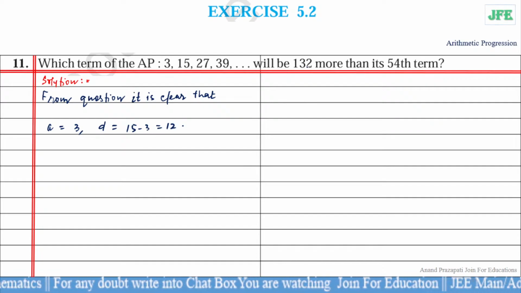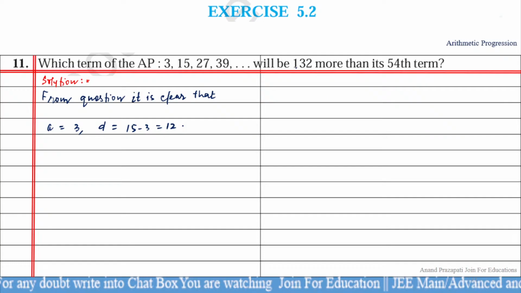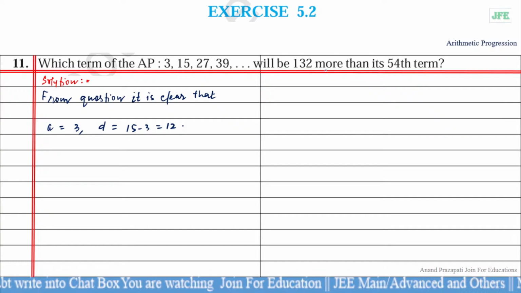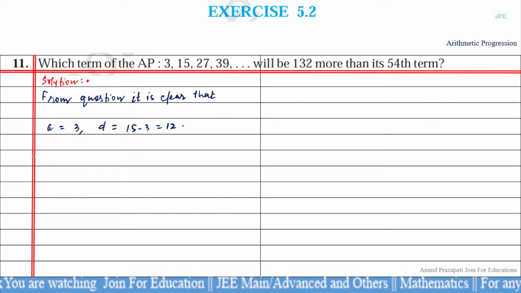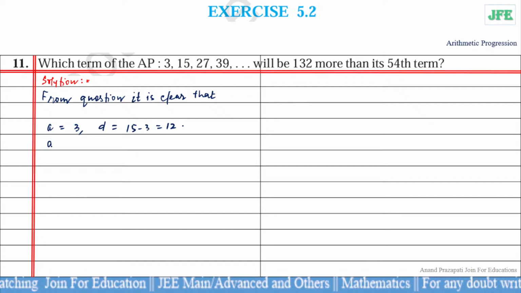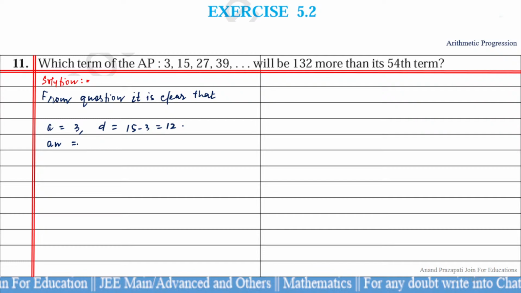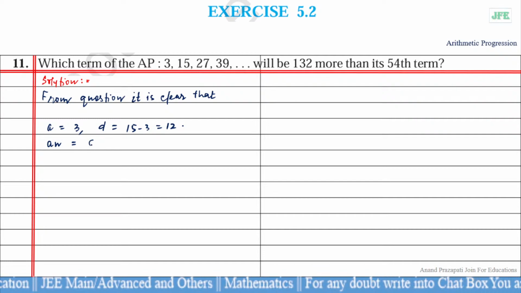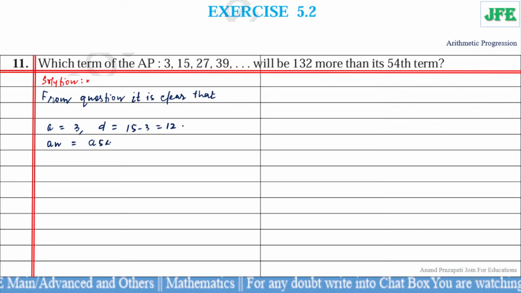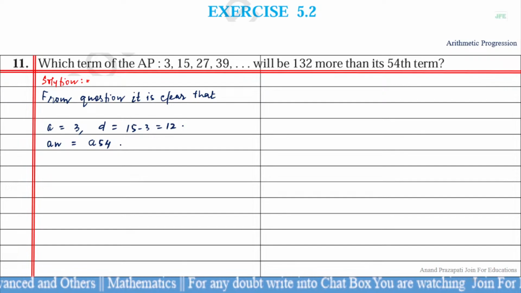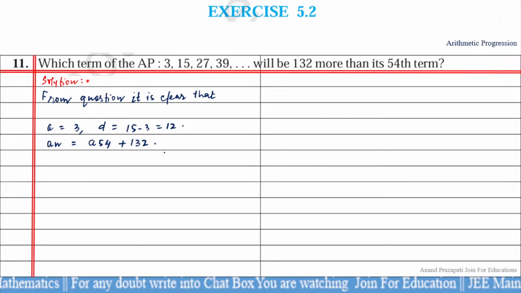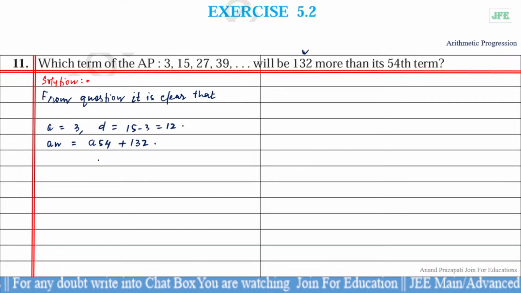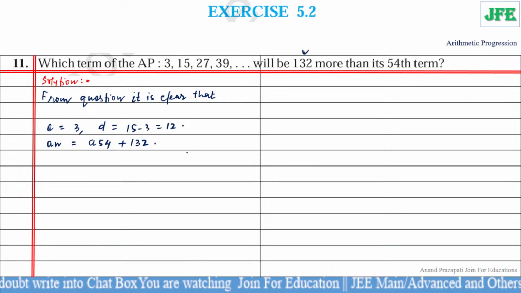And here it is given that the nth term will be 132 more than its 54th term. So the nth term equals the 54th term plus 132. Is there any problem understanding up to this step?